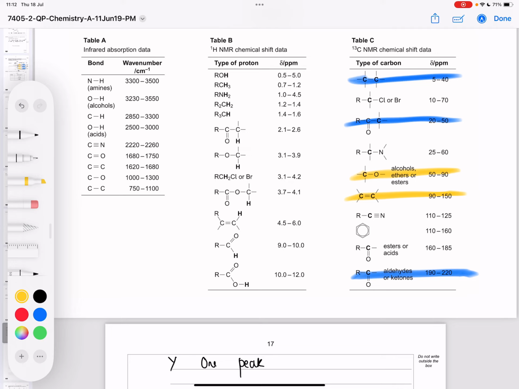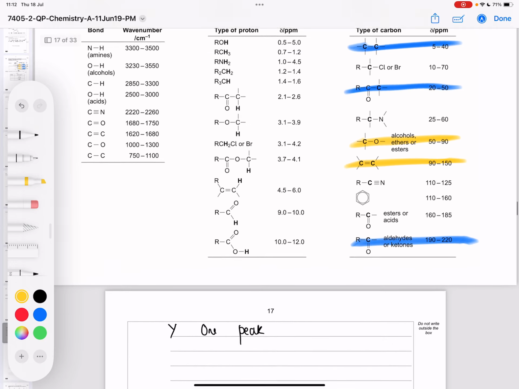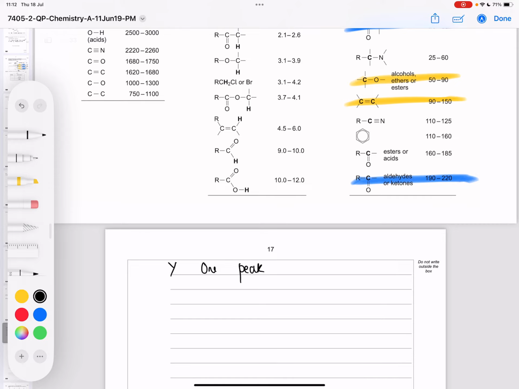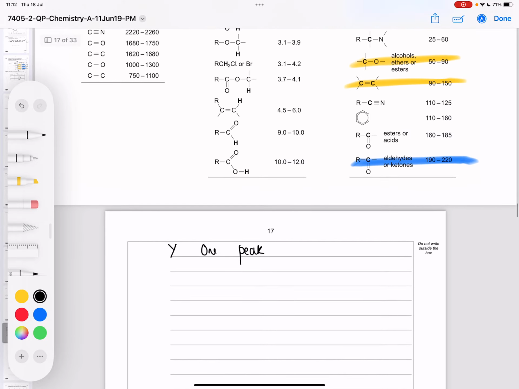Next to a CO or C double C is not in there, so I'm not going to mention those because there's nothing given for those, and it wouldn't quite be in the 5 to 40 region. So 1 peak delta 50 to 90, C with the O, and 1 peak delta 90 to 150, C with the C.